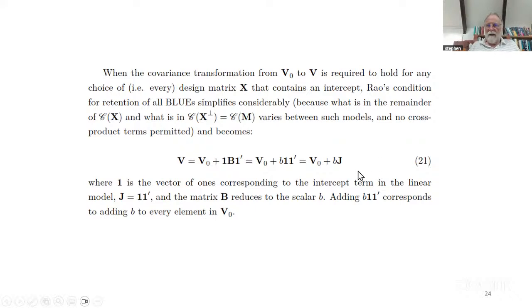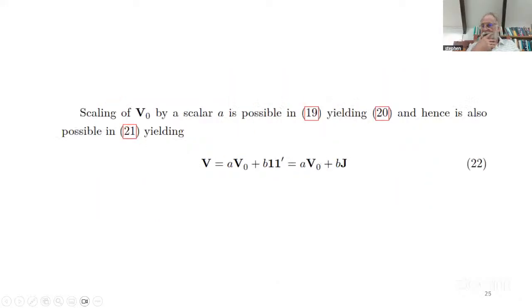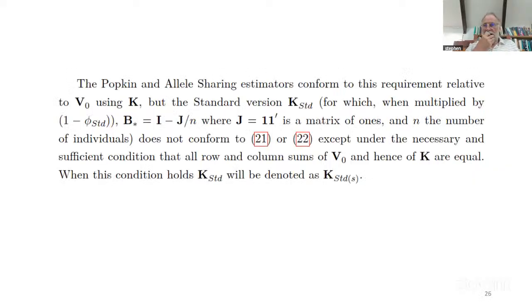And basically the only thing that's going to work is V0 plus Bj, where B is a scalar. And you'll see that this has strong links, particularly when we add in an A in front, as we do in this equation, which is still permissible. You'll see this looks remarkably like the sort of equation we were looking at for the allele sharing and Popkin estimators. So this is why, for the Popkin and allele sharing, they conform to the requirement.